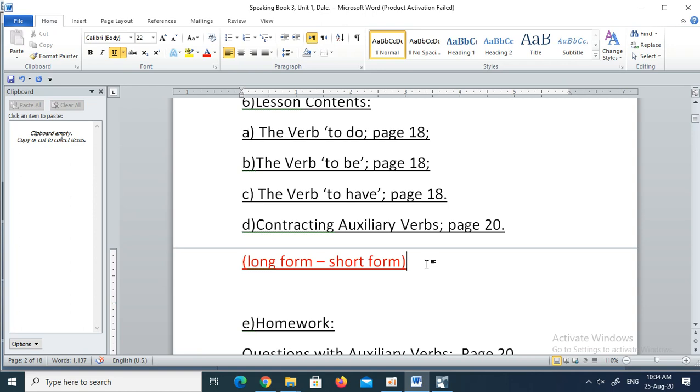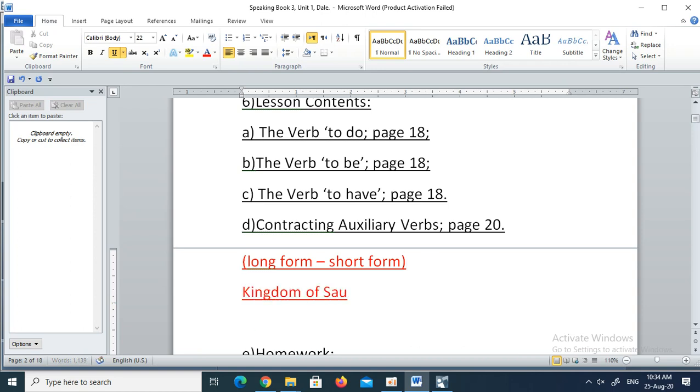So instead of saying Kingdom of Saudi Arabia, that is the long form, I can just say KSA, and that is the short form. Contracting means changing a long form into a short form. All right.